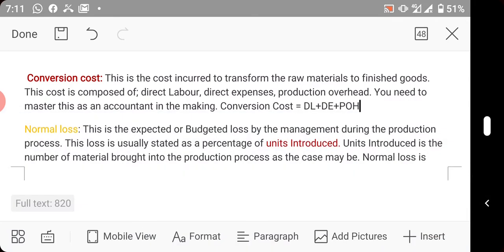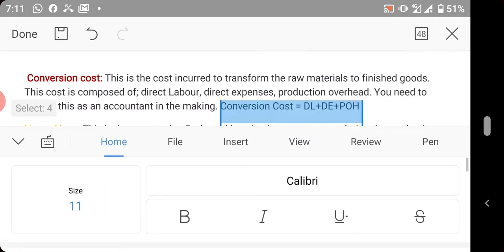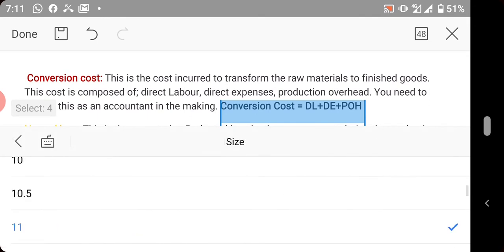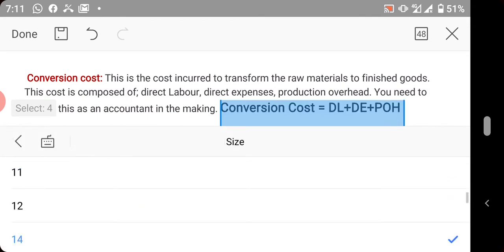So this is conversion cost. It is for you to know and master it in case you are asked to calculate conversion cost in the OBJ section. Are you there? Good. So with this, we are good to go.